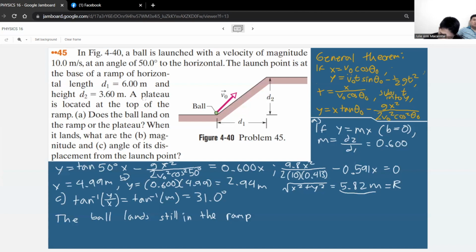That's going to be the base of the ramp. Wait. But what is this? A negative number. Impossible. Maybe this is wrong. No. Square root of 6 squared plus 3.6 squared. No, it's 6.99. Correct.